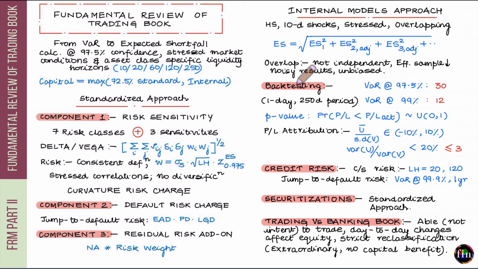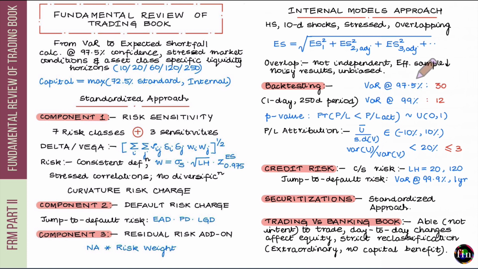Okay, so we'll be backtesting VAR calculated at both 97.5% confidence as well as VAR calculated at 99% confidence. Okay, the threshold limits for the number of exceptions is 30 exceptions for 97.5% VAR and 12 exceptions for the 99% VAR.